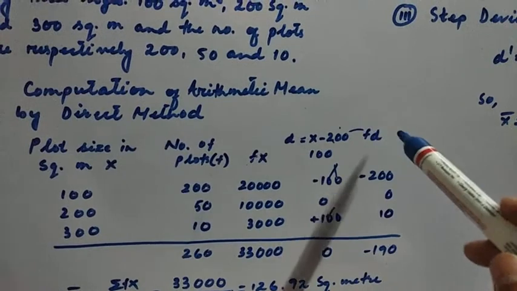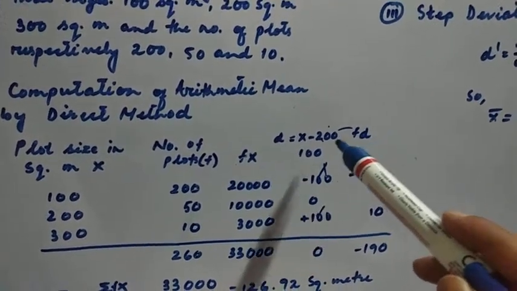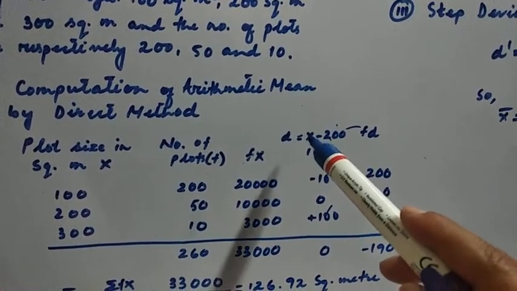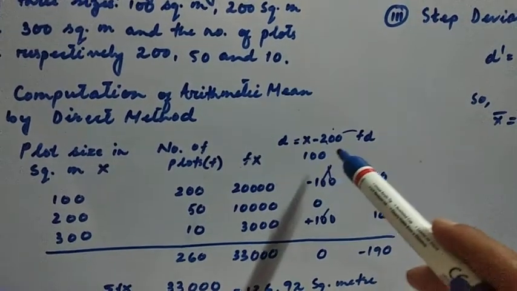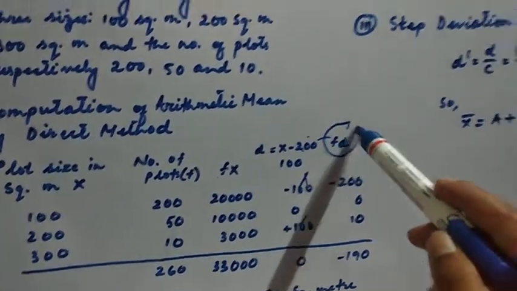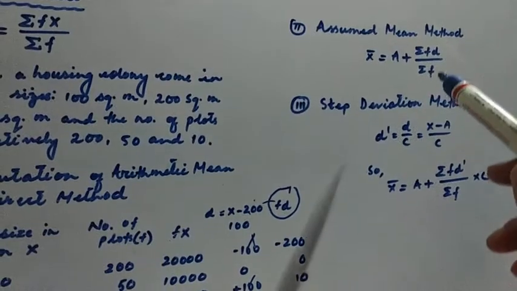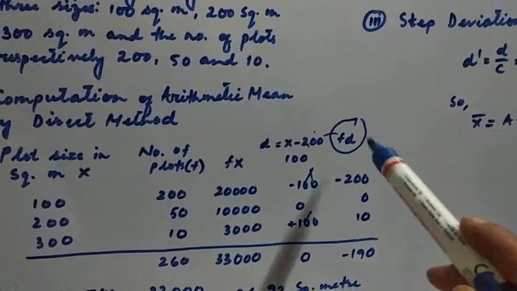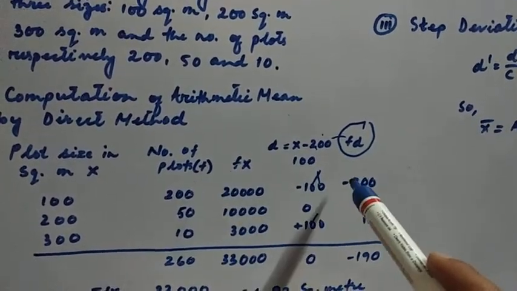Now we have to find out fd again. Why are we finding d? We need summation fd in the formula, so f into d, we have to multiply.